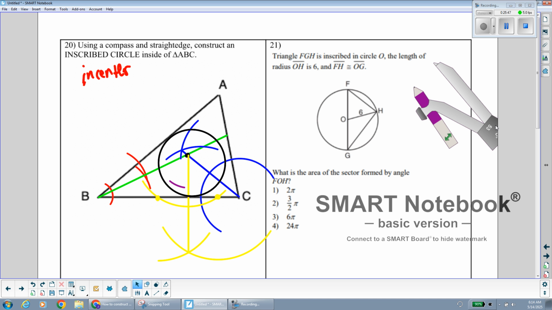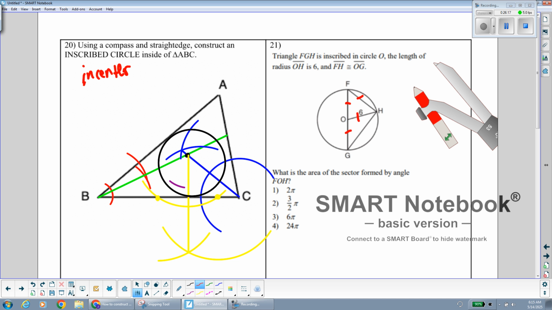For the next one over here, we know that FH is congruent to OG, and OG is a radius of the circle. So all these segments here are congruent: OG, OF, OH, and FH.